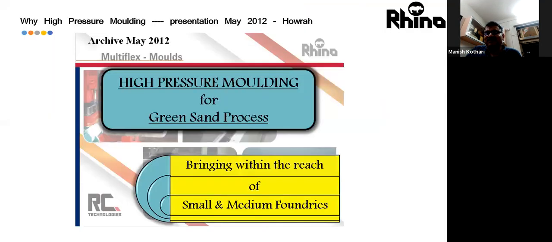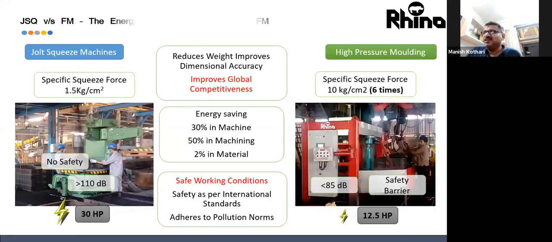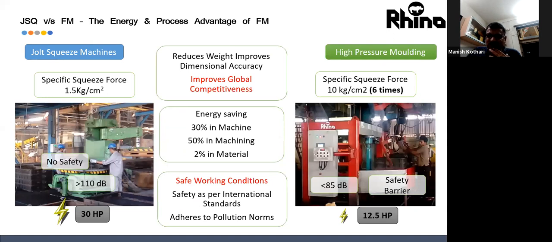So this is just to give you something which I have been working on for the last 7, 8, 9 years now. And when this machine was selected for energy efficiency in the UNIDO program in 2016, we compressed everything into one slide of the reasons why somebody would shift from a Jolt-Squeeze molding machine to a high pressure molding machine, which was our molding machine.